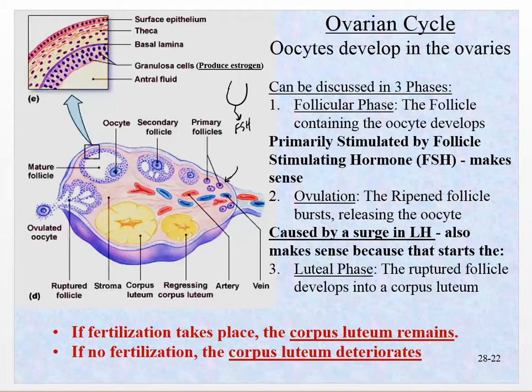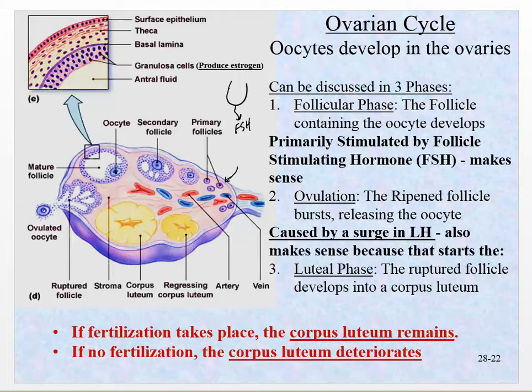You can see that the oocyte is just a dot sitting inside this group of cells that we call a follicle. That develops over about 20, 24 days, or actually less than that for just development, about a couple of weeks, so about 12 days probably.